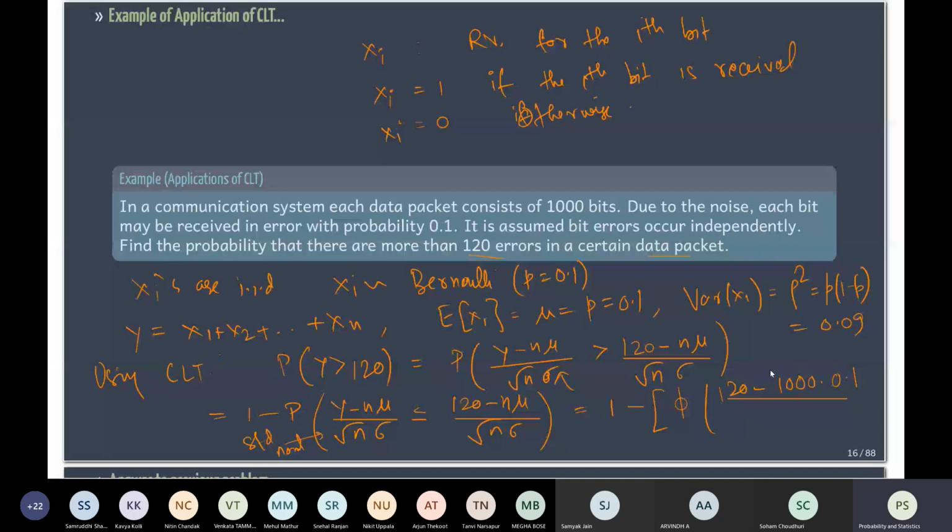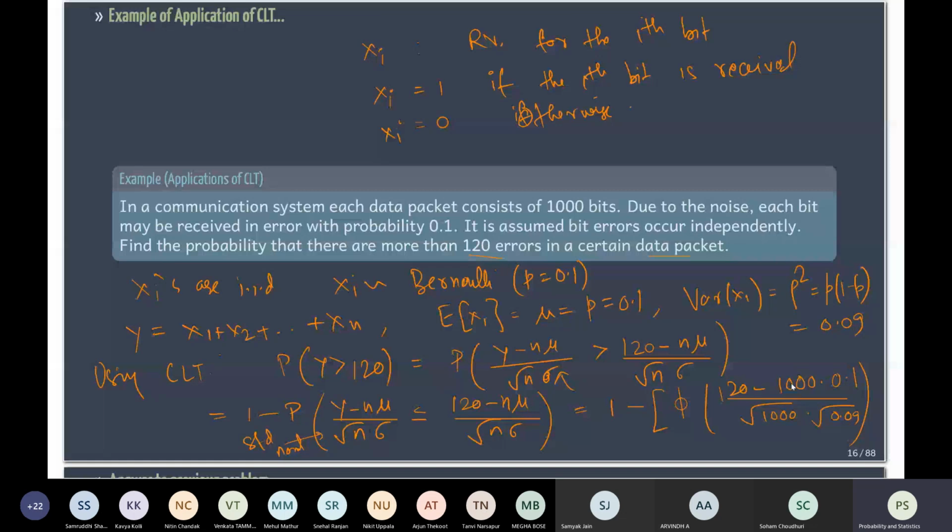We cannot have an exact square root here, and then sigma was the standard deviation, so that's the square root of this quantity. I think you can figure this out. This is the calculation that we are left to do, and we can leave it here.